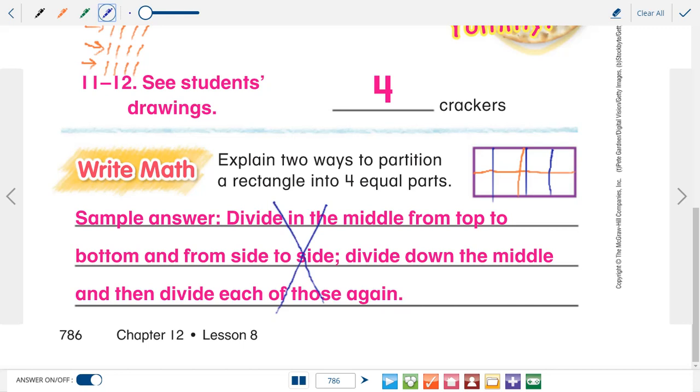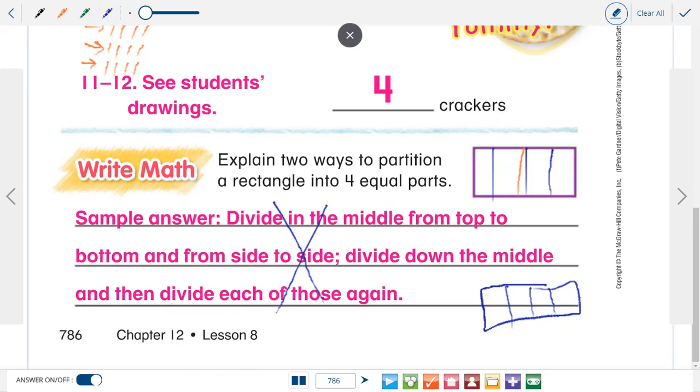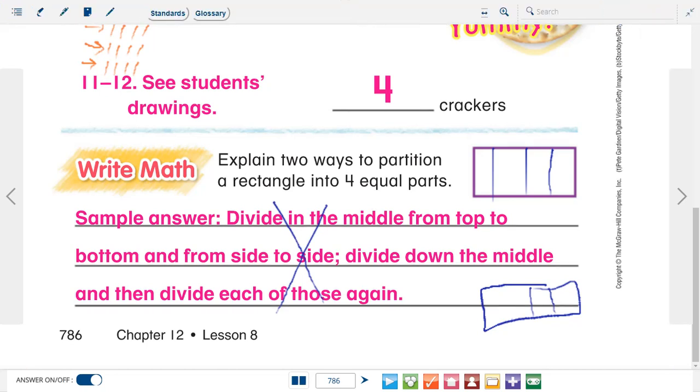So instead of this answer, make another rectangle and divide it into 4 parts. Okay, let me erase. For this square, or this rectangle, sorry. Okay, it is not working here. Divide it using the first way.